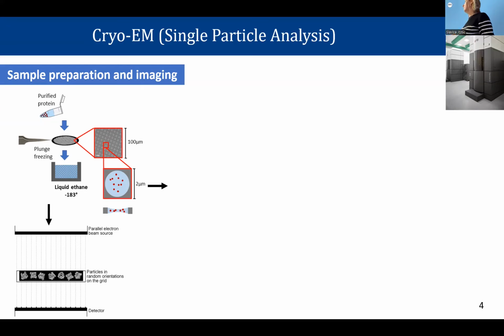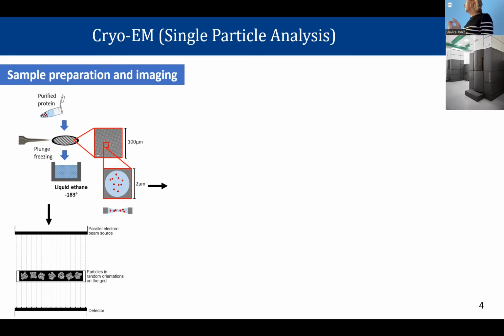So you have multiple copies of the same complex at various orientations in 3D space, and all these complexes are in some water. They are on a grid like this, and then they are very quickly frozen. We say plunge freezing.